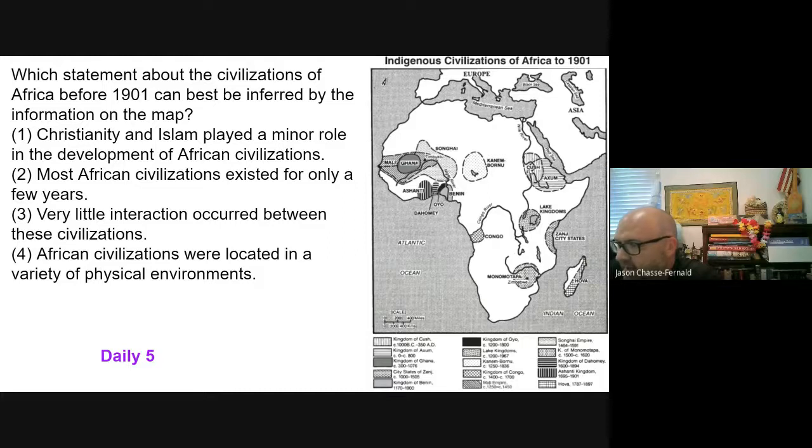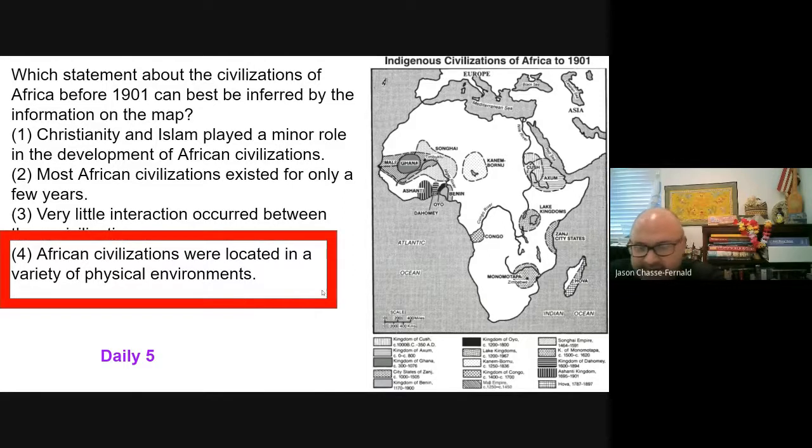What you should have picked up is that these river systems are where some of these are. So even without any knowledge of Africa at all, simply seeing that these are clustered on the rivers or on the coast is going to make for the best answer there.